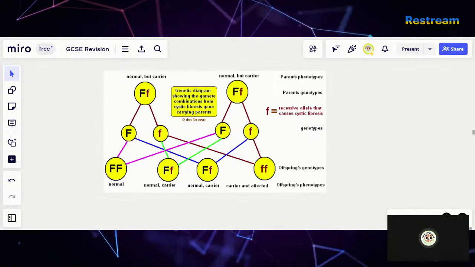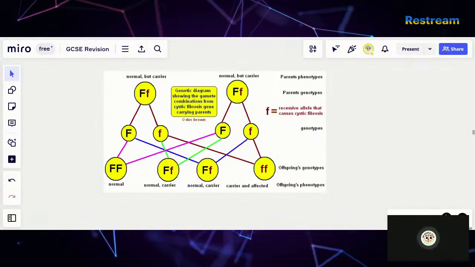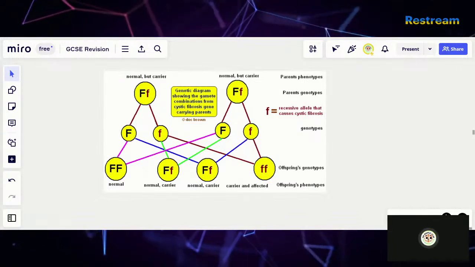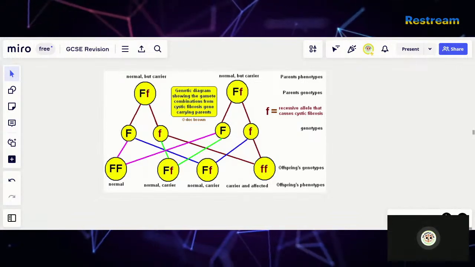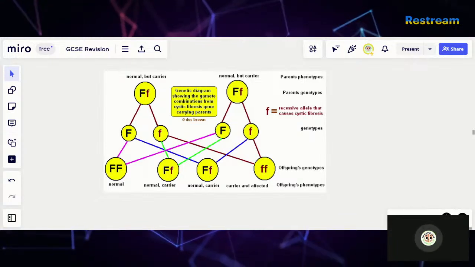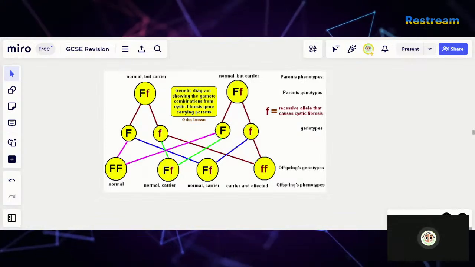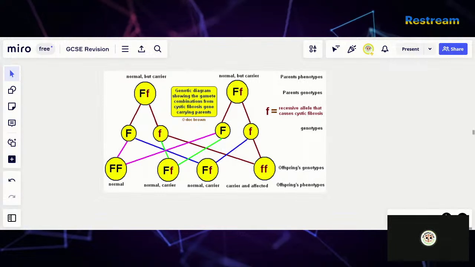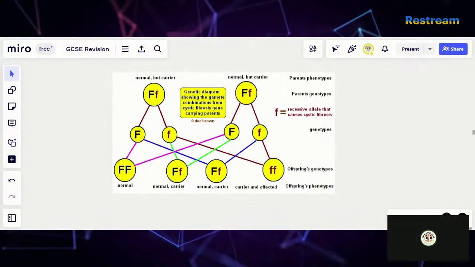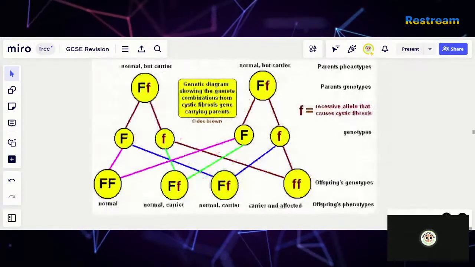Now, if two alleles are different, only one can determine what characteristic is present. The allele for the characteristic that's shown is called the dominant allele because it shows, and you use a capital letter, whereas the one that's not dominant is called recessive because it's not strong enough. In this diagram below, you can see capital F, and this is talking about cystic fibrosis.